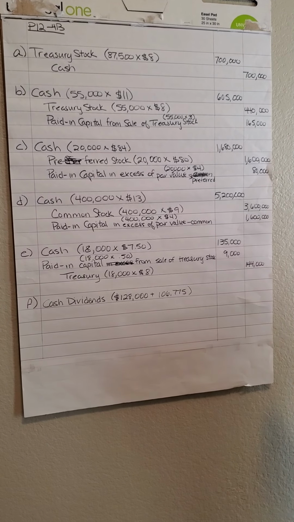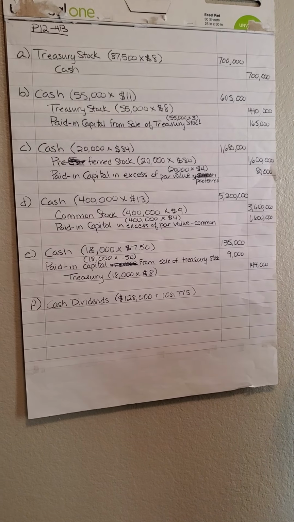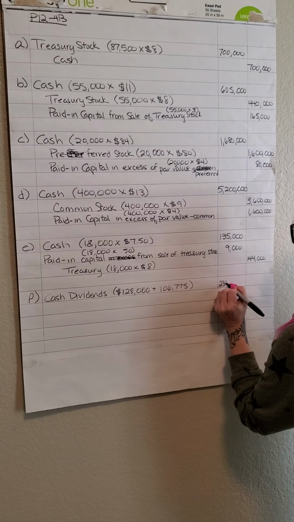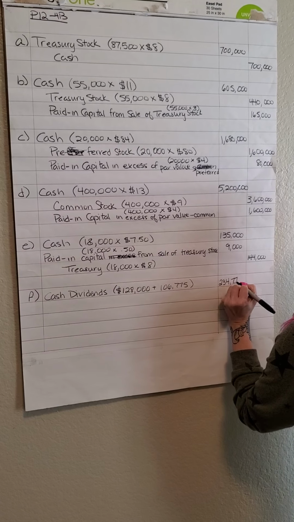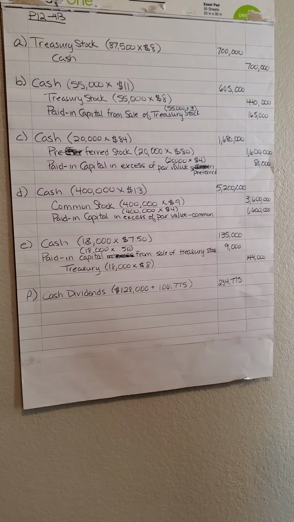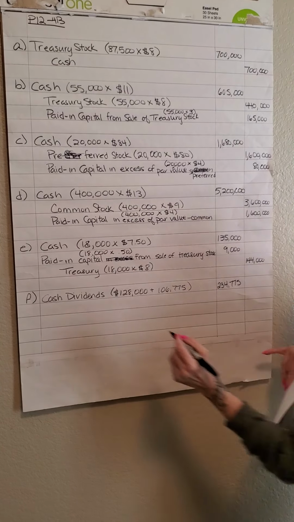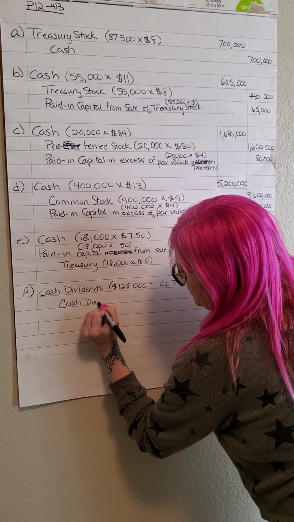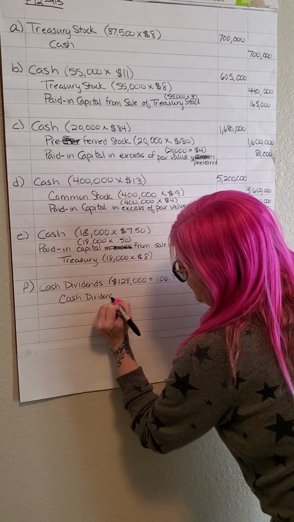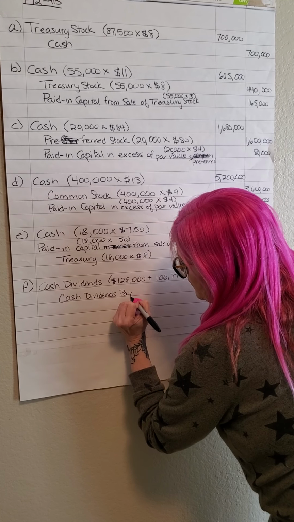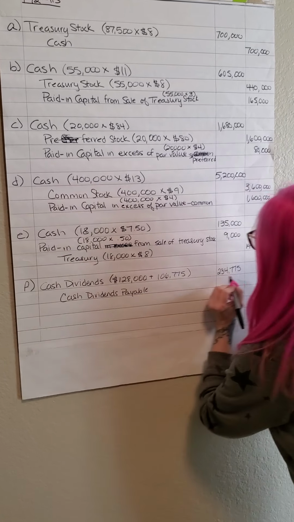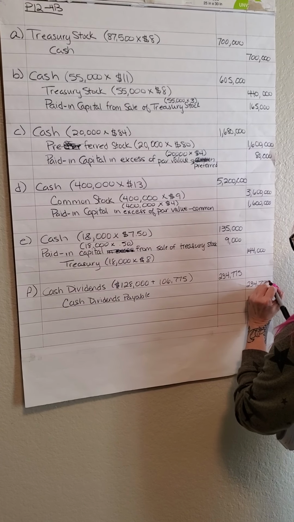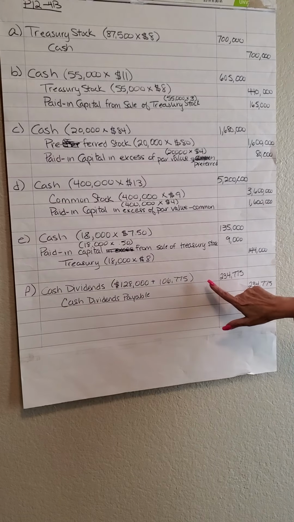I'm going to add those two together, and that's going to be $234,775. And then I'm going to credit the liability, cash dividends payable, for the same amount.